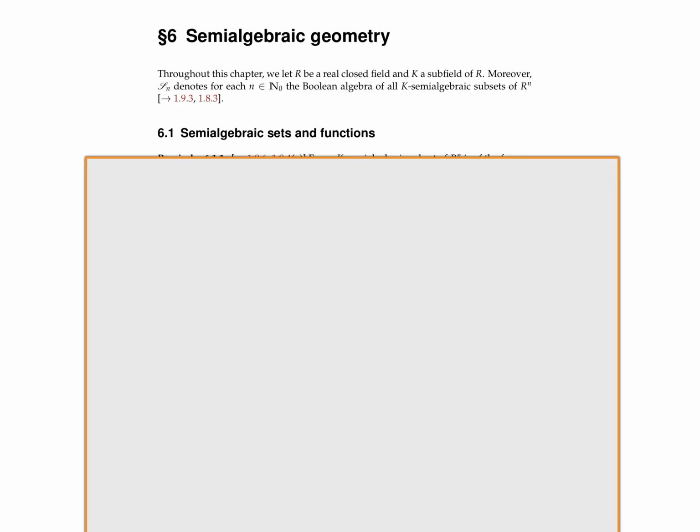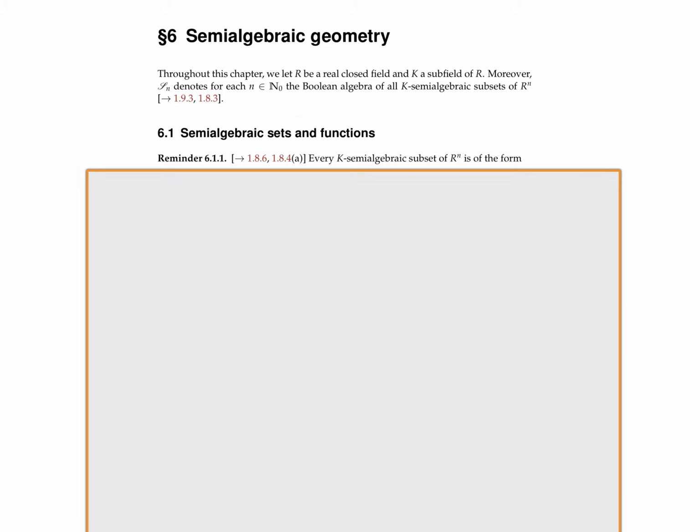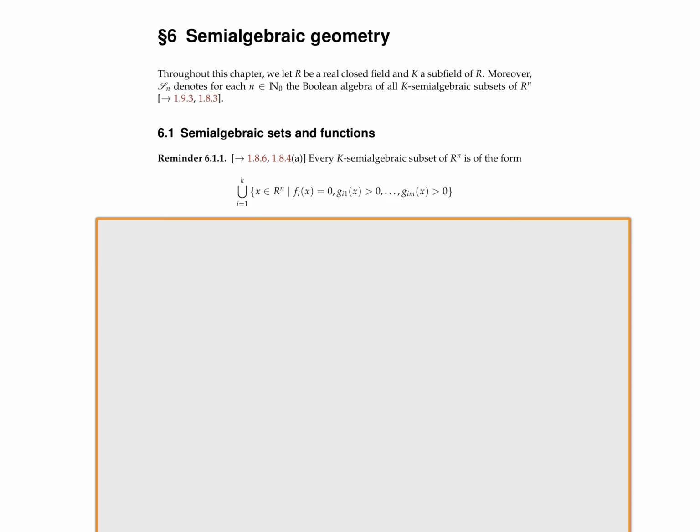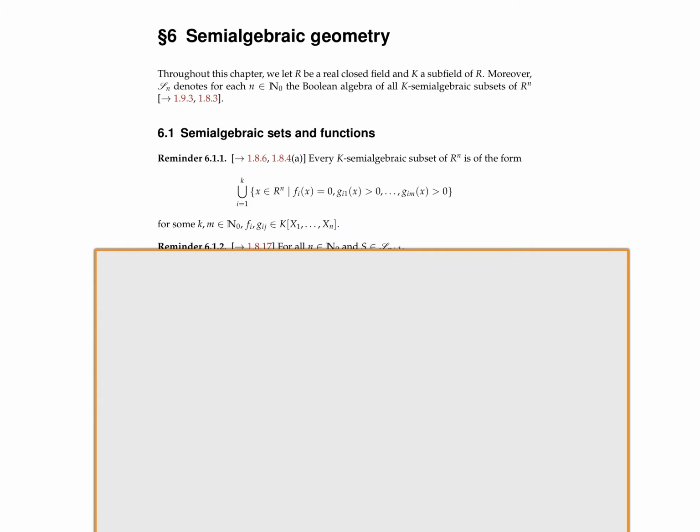Okay, so now let's go to the section that we will go through today, section 6.1 about semi-algebraic sets and functions. First a reminder: every K-semi-algebraic subset of R^n is of this form. It's a finite union of sets where you have the set of all x in R^n that satisfy a given polynomial equation and finitely many strict inequalities.